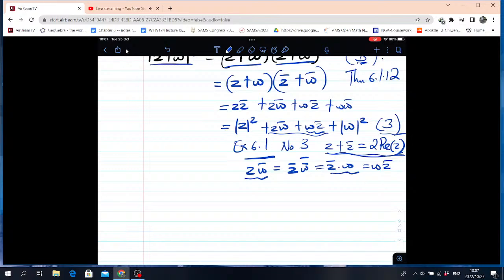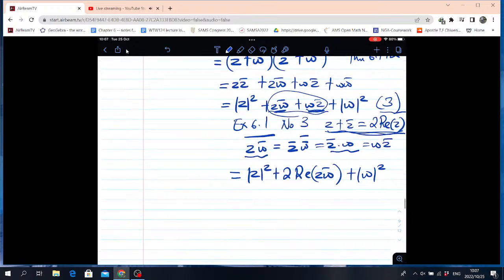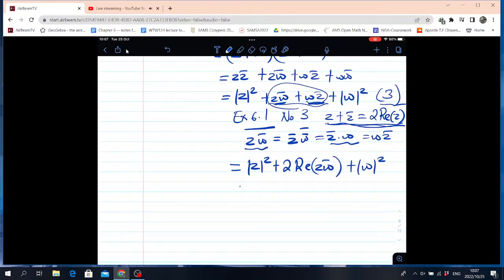So in other words, this plus its conjugate is what we have in between here. So we can use this idea to then say this is equal to the modulus of Z squared plus 2 times the real part of Z W bar, plus the modulus of W squared, like that. And we know that this is going to be less than or equal to the modulus of Z squared plus 2 times the modulus of Z times the modulus of W plus the modulus of W squared.